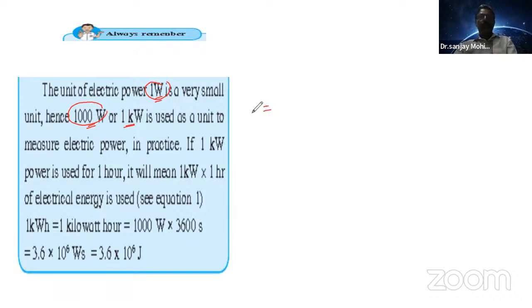So let us move to the answer of this question. Power is equal to work upon time. We take the power as 1 kilowatt, and 1 kilowatt is equal to 1000 watt.